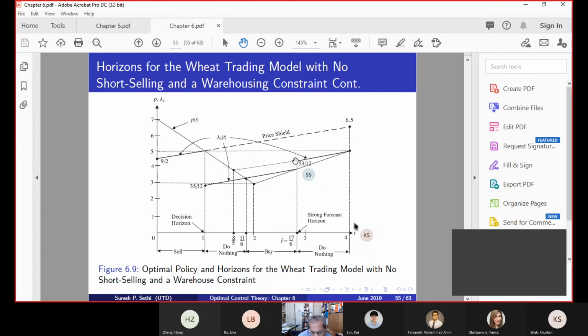And there's a jump here. As you can see, there's a jump. That's a lambda. And the solution is sell, do nothing, buy, do nothing. So from 0 to 1, I only sell. That's the optimal solution. Now what I do is I resolve a bigger problem first.